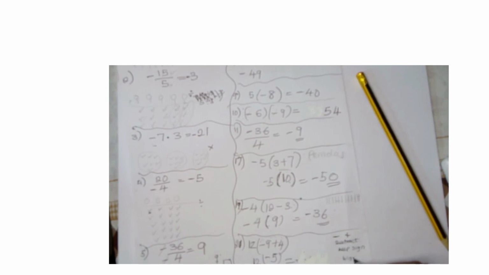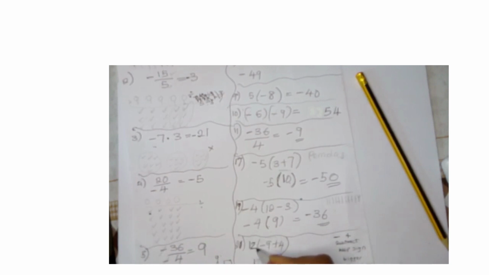So which one is the bigger number here? 9 is the bigger number, so you move 9 in front. Negative 4 plus 9 is going to give you 5. So 9 minus 4 is 5, but you keep the sign of the bigger number. Now you bring down 12. Don't forget 12. 12 times negative 5 is going to give us negative 60.